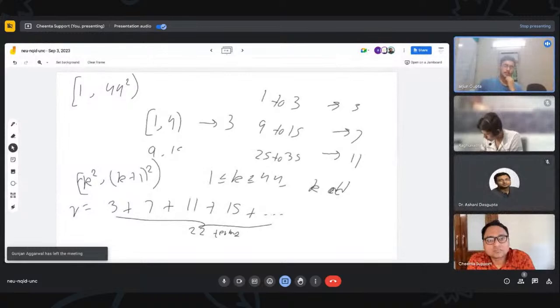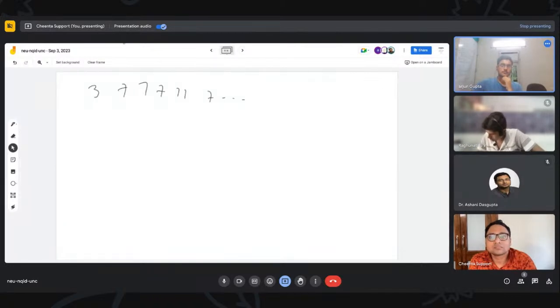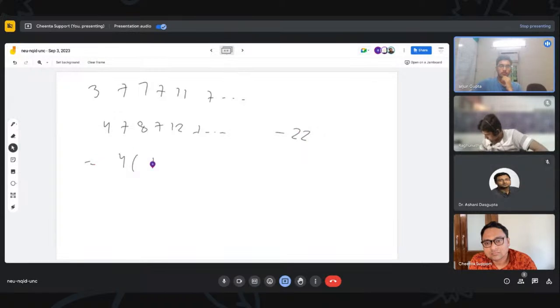After getting the main claim, you can solve it in any way you want, but I'm solving it this way because it was the first that came to my mind. Essentially we now have to compute 3 plus 7 plus 11 plus so on till 22 terms. I can write this as 4 times (1 plus 2 plus so on till 22 terms) minus 22.